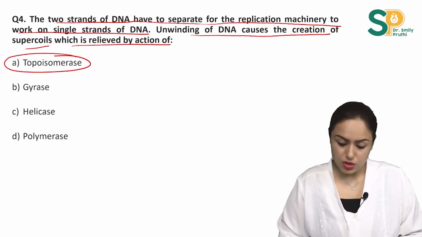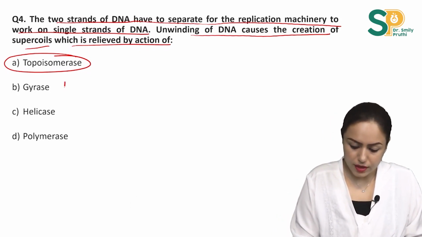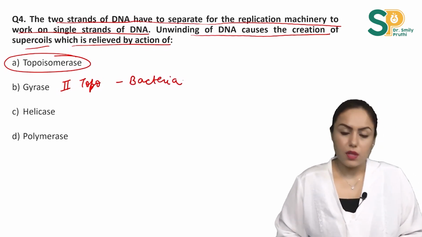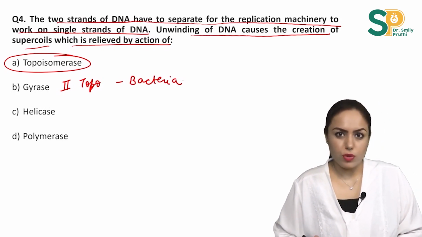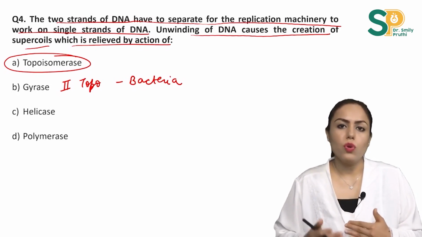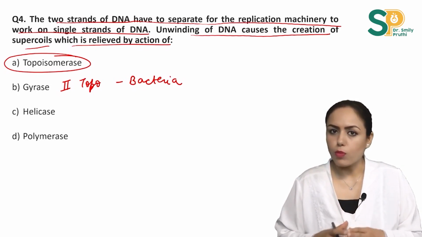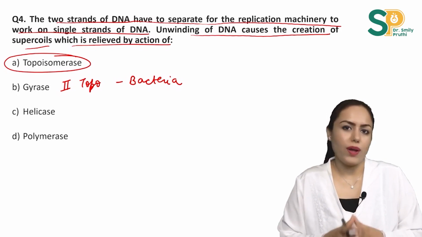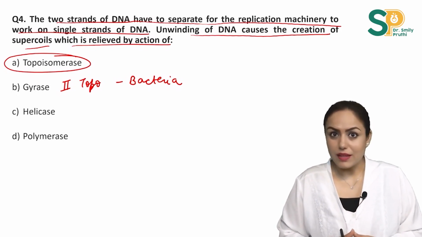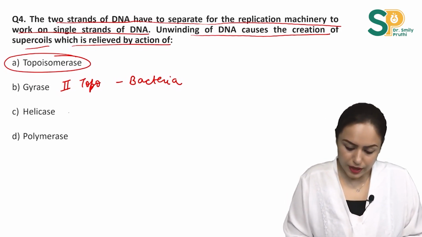Then let's see other options. Gyrase. Gyrase is a type 2 topoisomerase which is found in bacteria. So you can say option 2 is also correct. But out of these two, best to be marked will be option A, that is topoisomerase, right? Then option C, helicase.